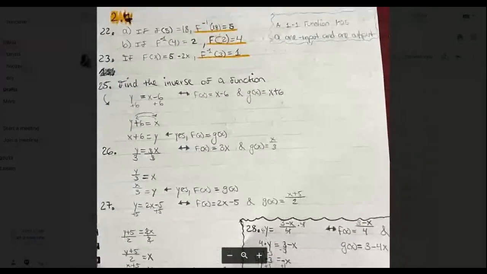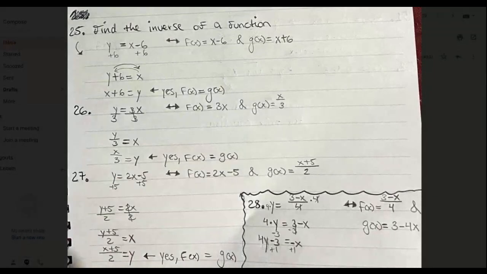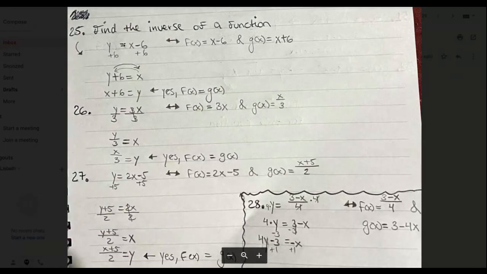Yes. Okay, so I'm going to focus on finding the inverse of a function, and this is actually problem 25 from homework 3, section 2.7. When it comes to finding the inverse of a function, we basically have to switch things up a little bit.